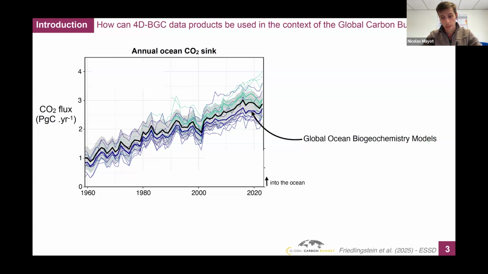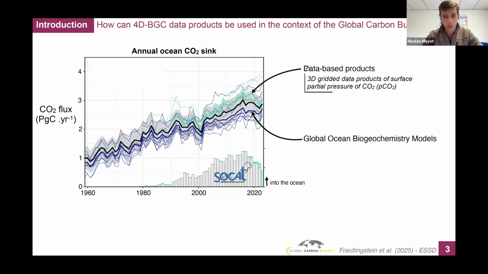The second method, which is being used by the global carbon budget to estimate the ocean carbon sink, corresponds to the use of what you call database products, which are 3D gridded data products for surface partial pressure of CO2, so pCO2. So they use data from the SOCAT database, for those who know what it means.